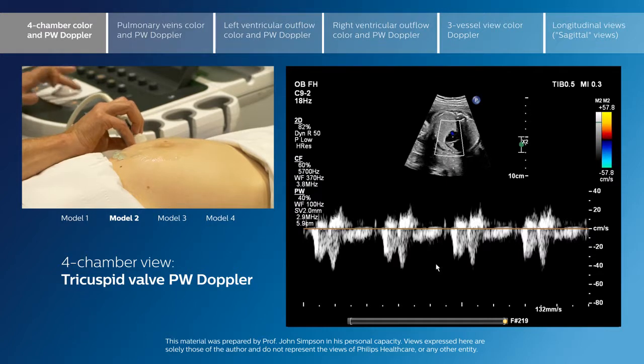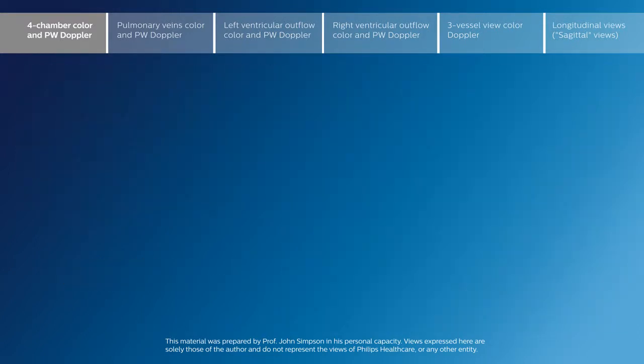But we should see that there is a biphasic pattern, meaning both these E and A waves clearly separate across each of the AV valves. To see a single spike of inflow across either one of the AV valves in the normal fetal heart is something which should raise concerns that there may be an underlying either structural or functional problem affecting the fetal heart.